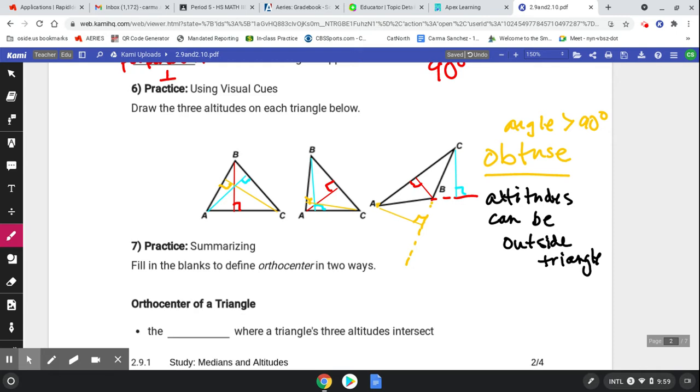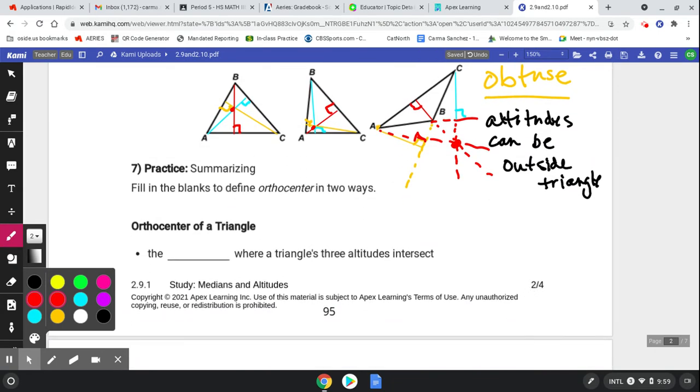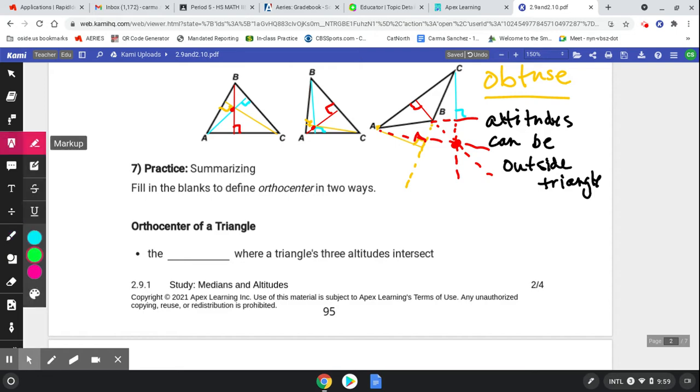Now, we're noticing that these points of intersection are going to be all different spots. Where this is your point of intersection, notice that it's not central inside the triangle. So what is this thing called if it's not a centroid? This is called your orthocenter.